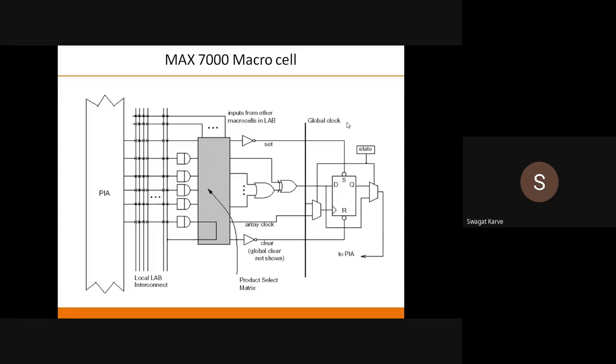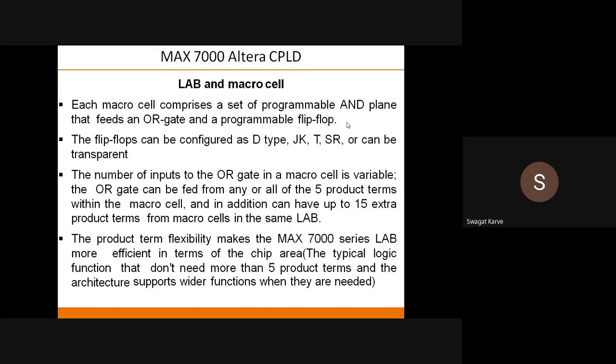So there are 16 macrocells in one logic array block, right? That many macrocells are there in Max 7000. So this is the Max 7000 Altera CPLD. Each macrocell comprises a set of programmable AND plane that feeds the OR gate and a programmable flip flop. So this is about the architecture.